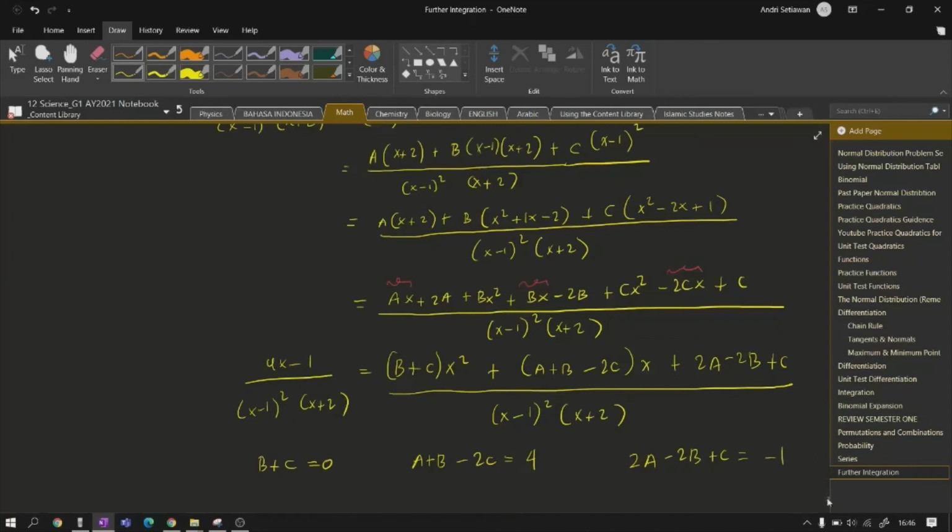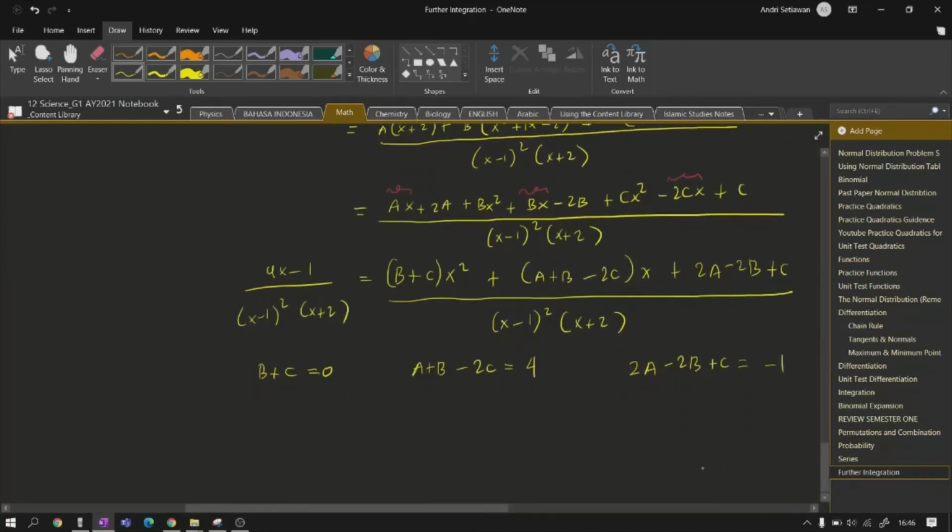So we have three equations: b + c = 0, a + b − 2c = 4, 2a − 2b + c = −1.